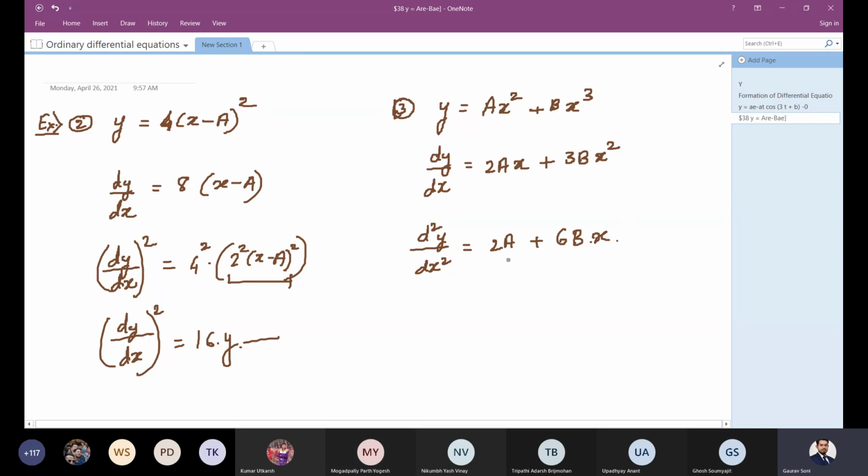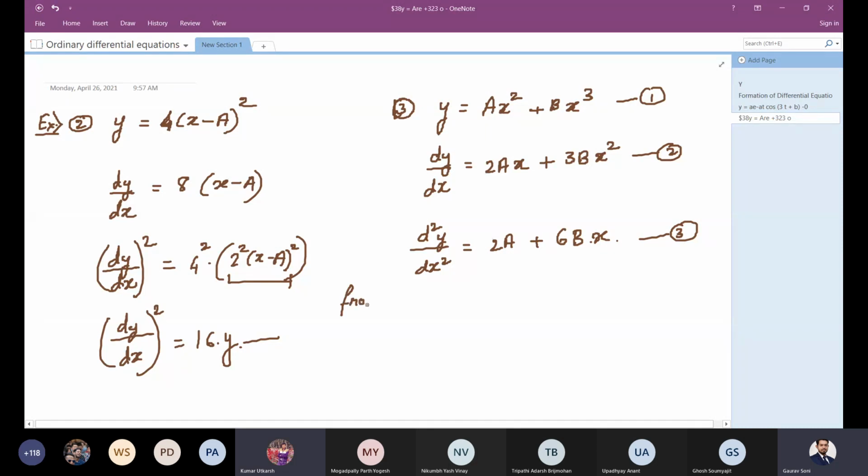That will work. You can put the value of 2a in that equation, and then you will get the value of b. And from b, we can also get the value of a. And both of them we can put in the first equation. So that is one way, or you can directly solve linear equations 2 and 3 and then we will get the values of a and b.